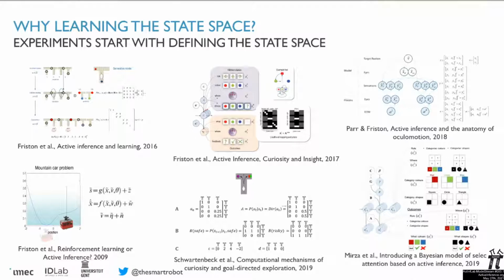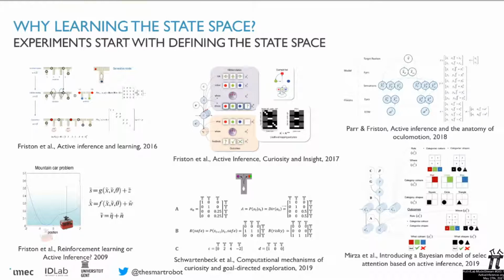So you define the state space, and then, in the case of discrete state spaces, you define the so-called A, B, C, and D matrices that define the likelihood model. So what is the likelihood to see a certain observation when you are in a certain state, or what are the transition models? How do you transition from one state to another, and so forth.